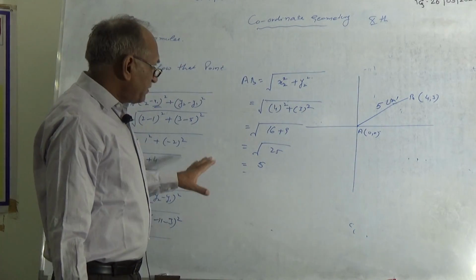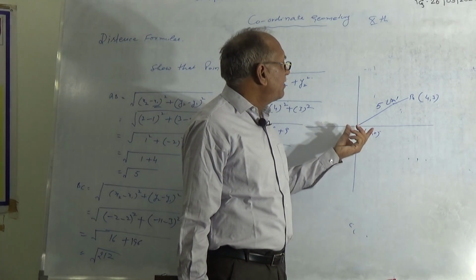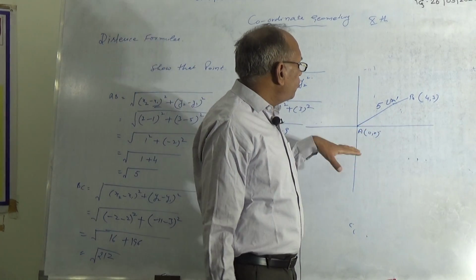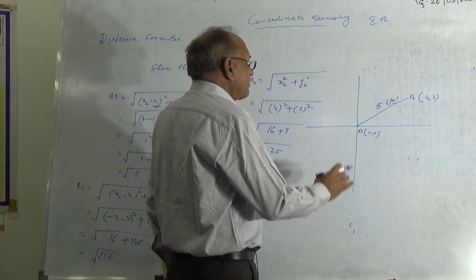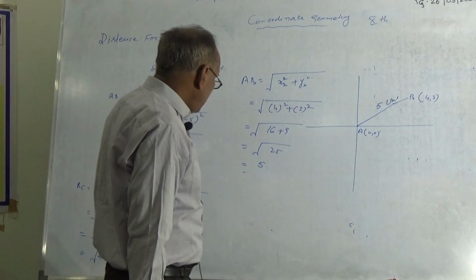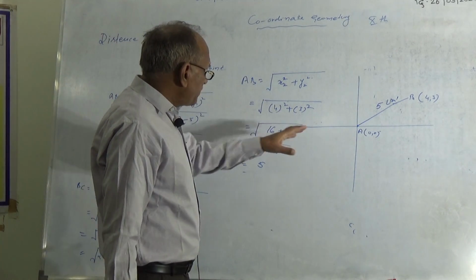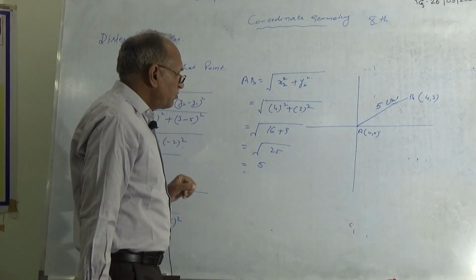In other words, if we have to find the distance between 2 points where one is at the origin, then we can simply use this formula because the values of x1 and y1 are 0.